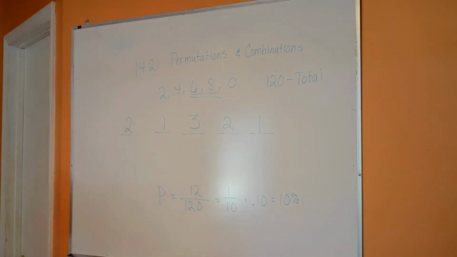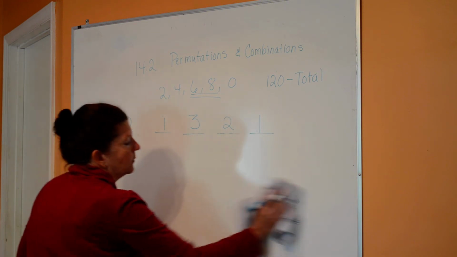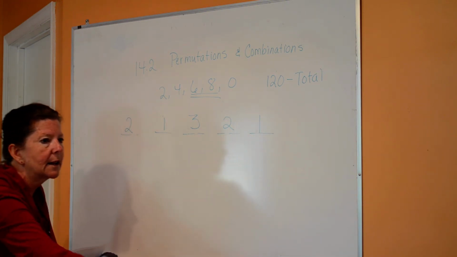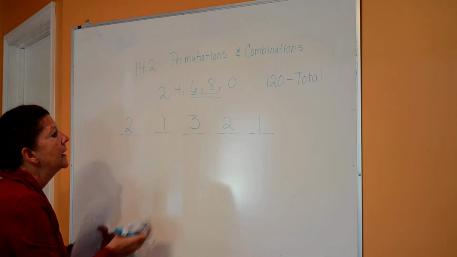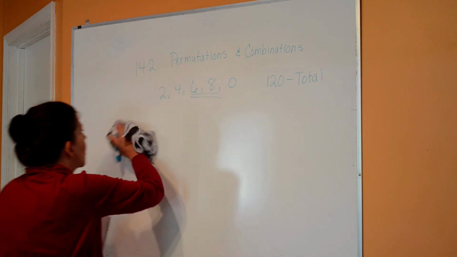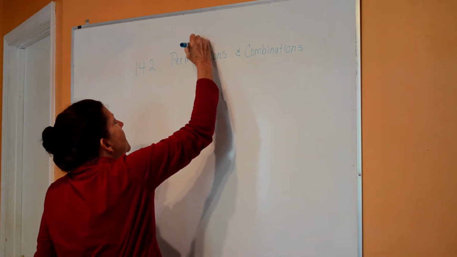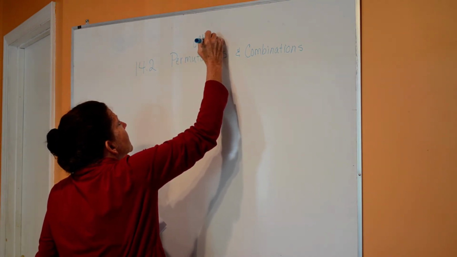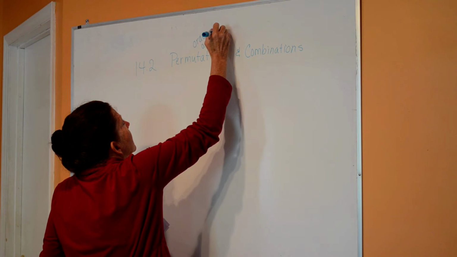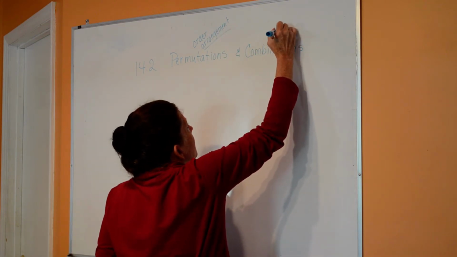All right. Now, arrangements that don't include order. You're just like putting your hand in a place and pulling it out. You don't care what order you pull it out in. It's just random, if you will. Those are combinations. So permutations involve order or arrangement. This is no order.